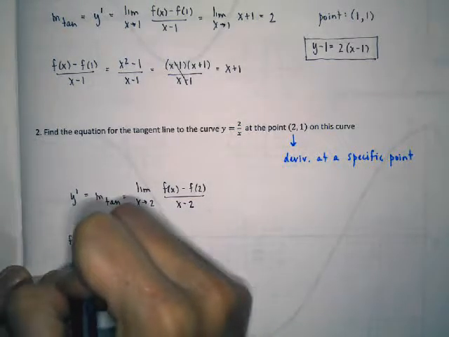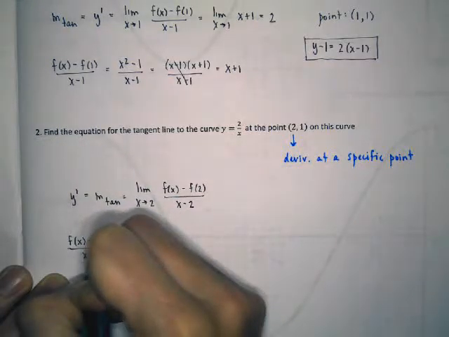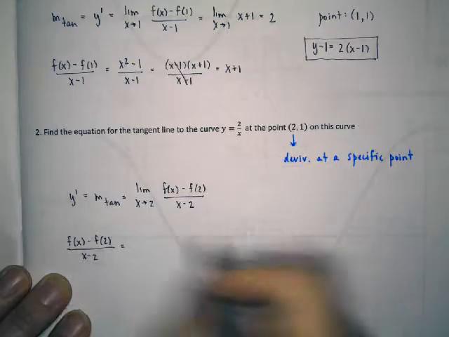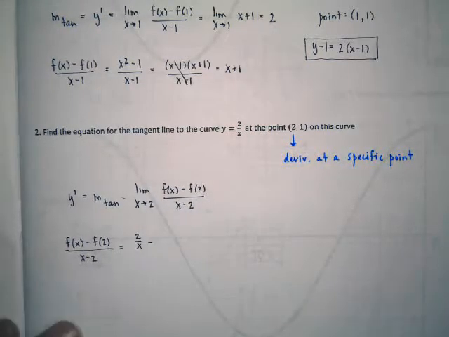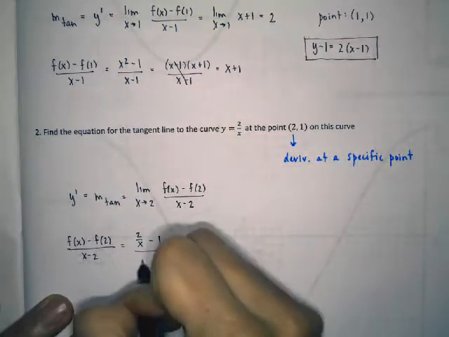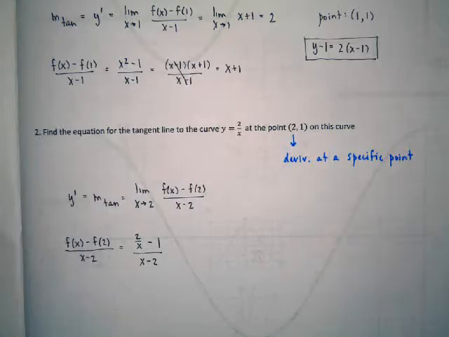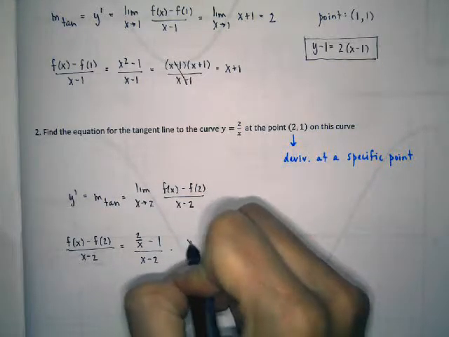And we'll work with that a little bit. So now I know that f of x is 2 over x, minus f of 2, which is just 1, over x minus 2.